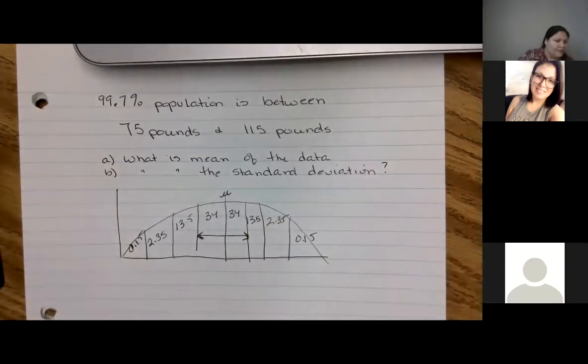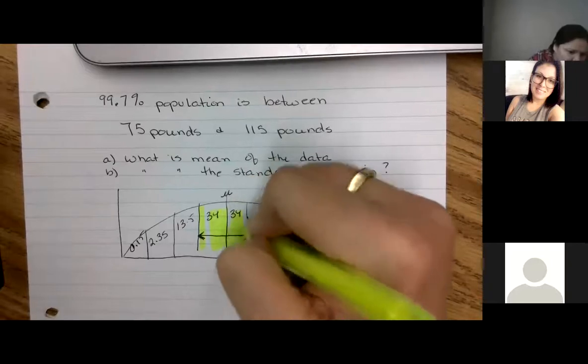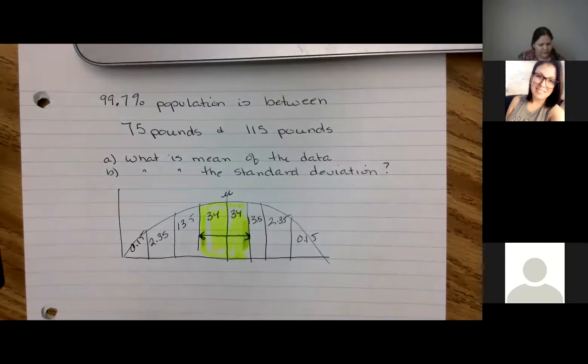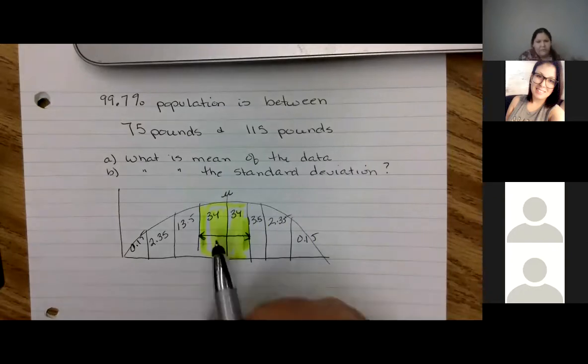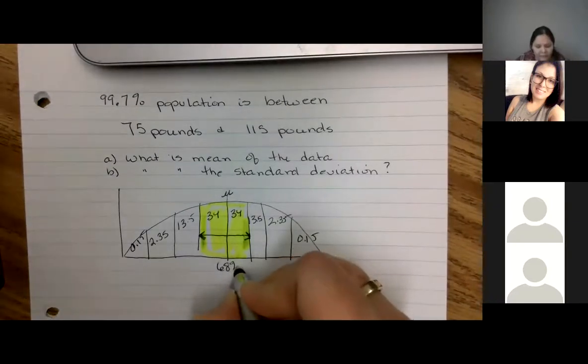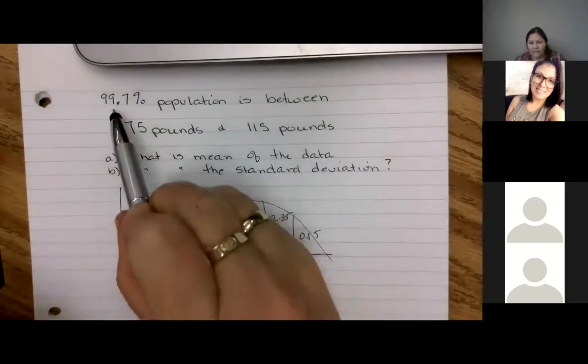So if I colored in that stuff, Clarissa, what percent would that be? The 99.7. Not yet. What's 34 plus 34? 68. All right. But we're not looking for 68. We're looking for 99.7.